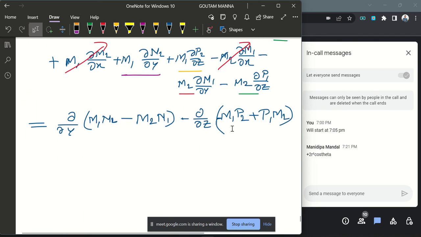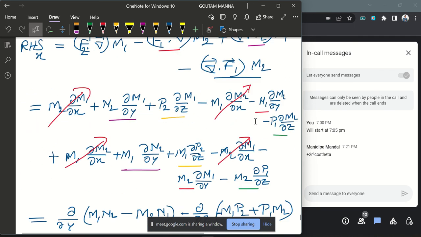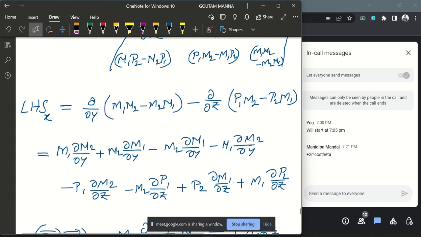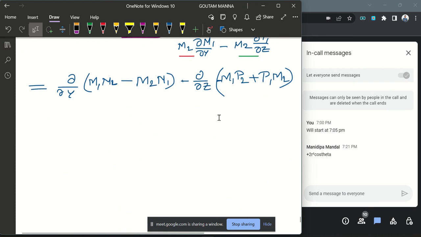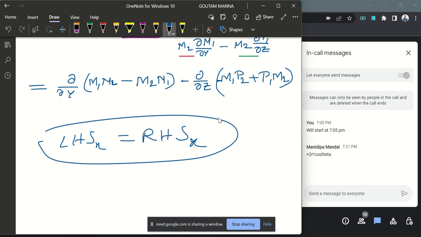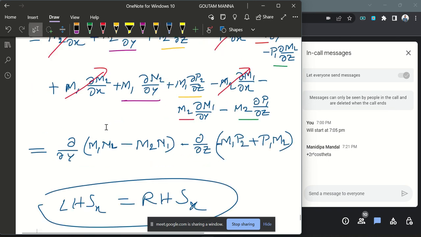So minus del z of P1 M2 minus M1 P2. So LHS of x equals RHS of x, and similarly you can prove the other components also match.